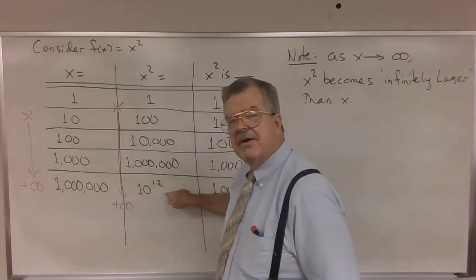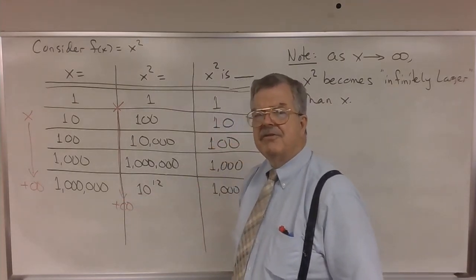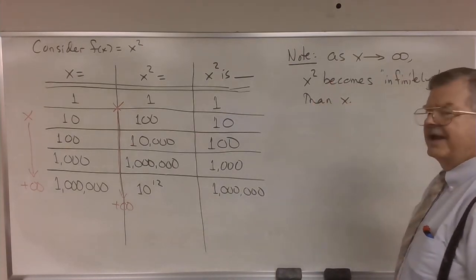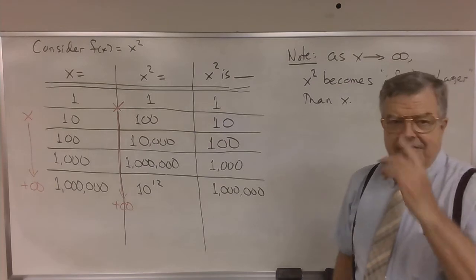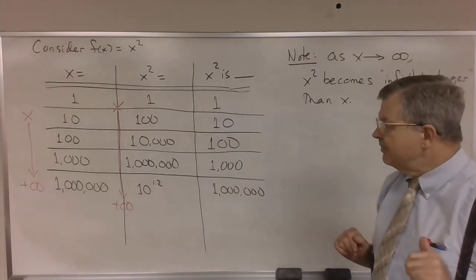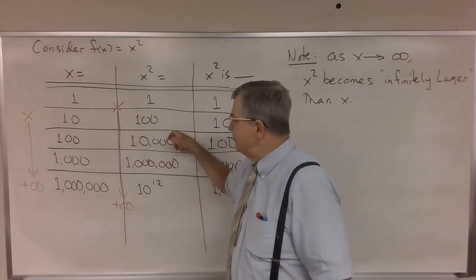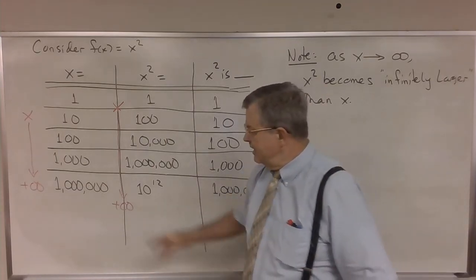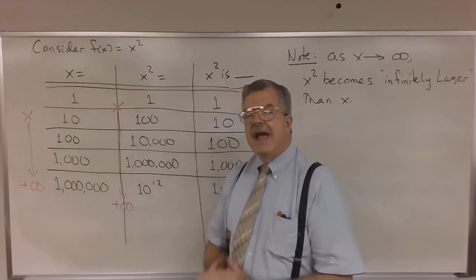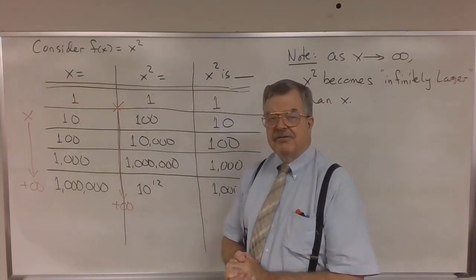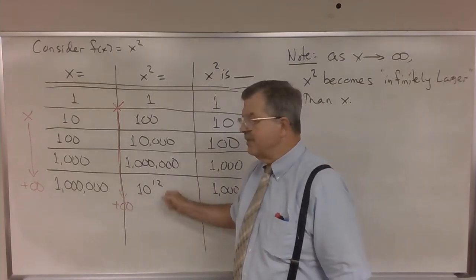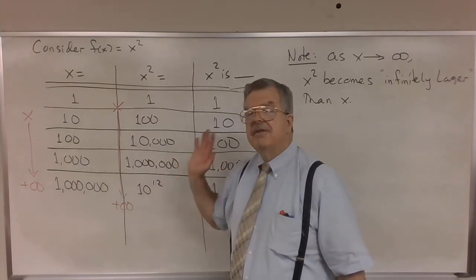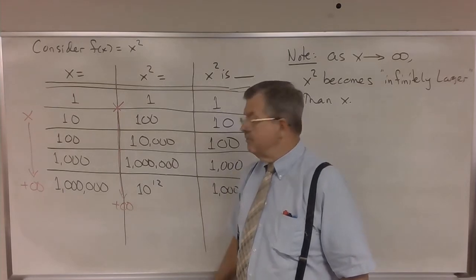x and x squared are both going to infinity, but as they do, x squared becomes infinitely larger than x. And the other way that we can look at it is, let's say x is 1 million, x becomes insignificant compared to x squared. See, when x is 1,000,000, if we threw that million away, would we care?